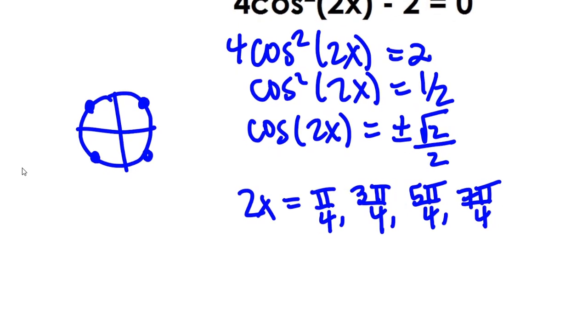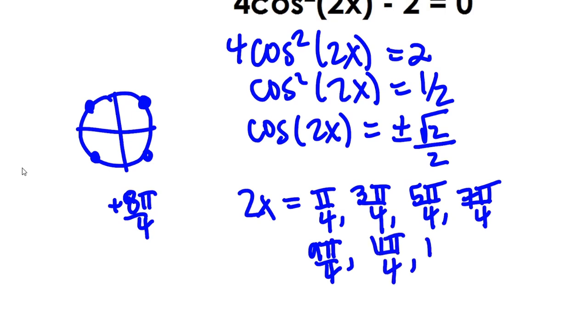So for this one, I'm going to add 2 pi or 8 pi over 4 to get 9 pi over 4. Add 8 pi to get 11 pi over 4, 13 pi over 4, and 15 pi over 4. And now I can divide all of these by 2.